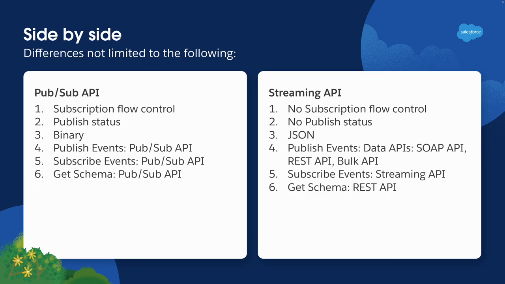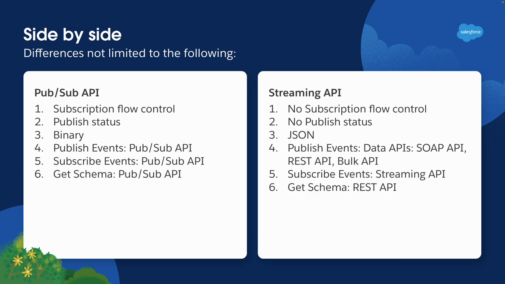On the right-hand side, you can't use the streaming API to publish back. You would use a REST API, but you would just get a HTTP response. You get a full publish status and more information with the PubSub API, so you have more control and you can rest easier knowing that your business logic is going to be taken care of because you know that the event has, in fact, been received within Salesforce.